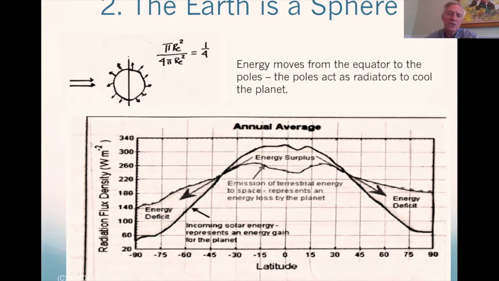So if you look at this drawing, again, the left-hand side has a fancy name, radiation flux density, but what you should really read it as is intensity, in watts per square meter. And the bottom axis is in latitude. So 0 is the equator.